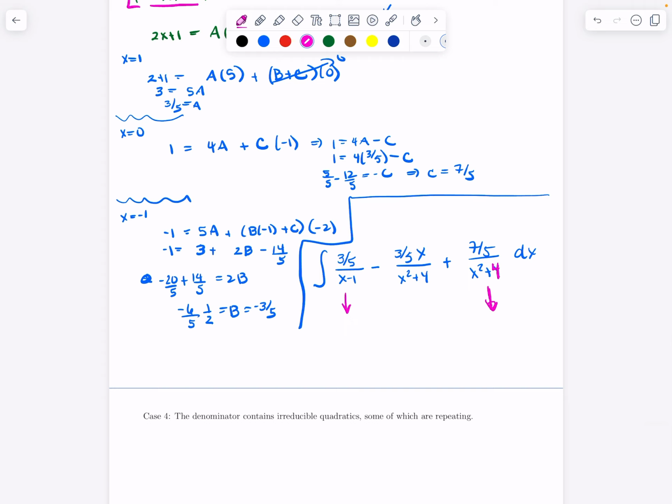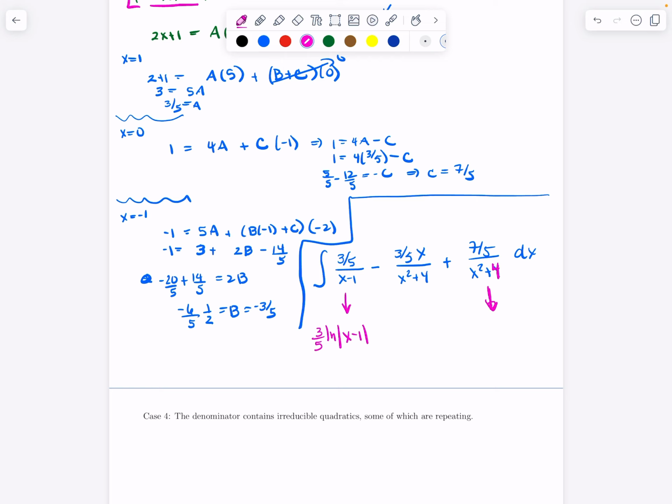All right, so this one should just come out to 3/5 natural log of this. I can pull the 7/5 out here, but I still have to deal with 1 over x squared plus 4.